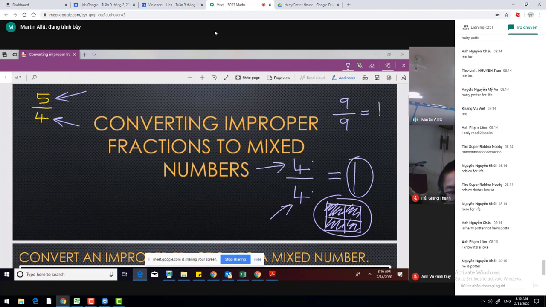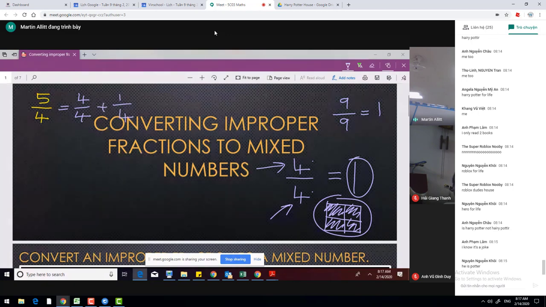So let's go back to our improper fraction over here. So here we've got 5 quarters. Well, I'm going to break that up into 2 parts. Instead of saying that's 5 quarters, I'm going to say, well, that's 4 quarters plus 1 quarter.